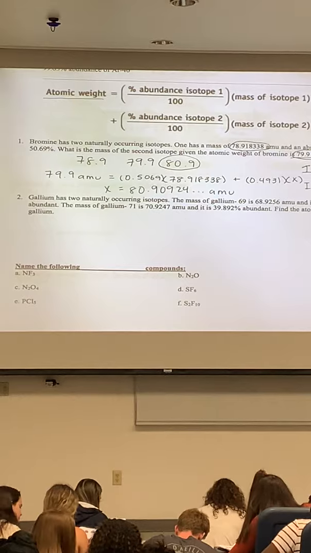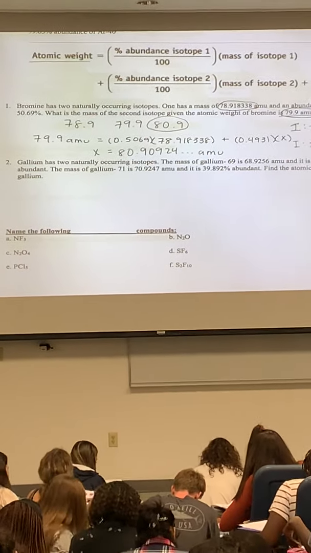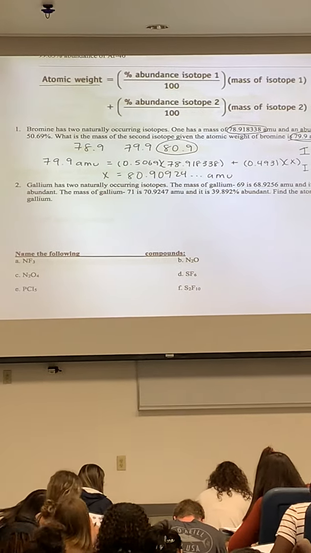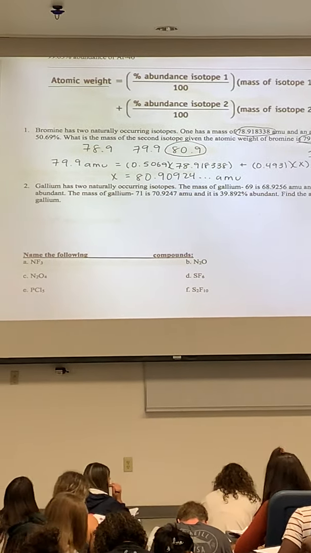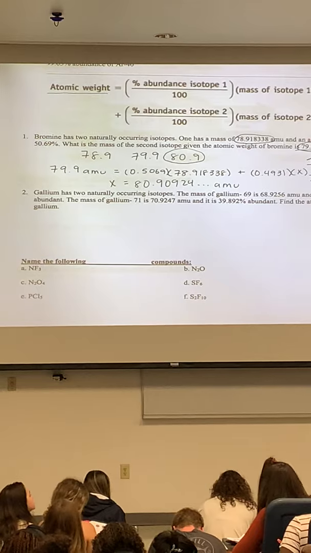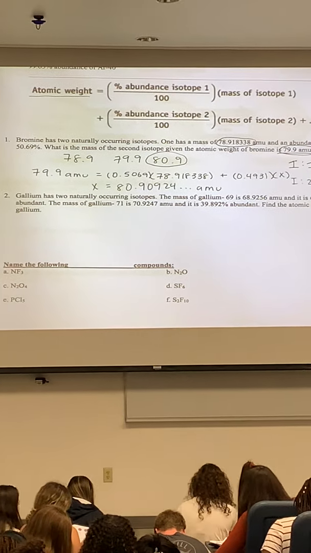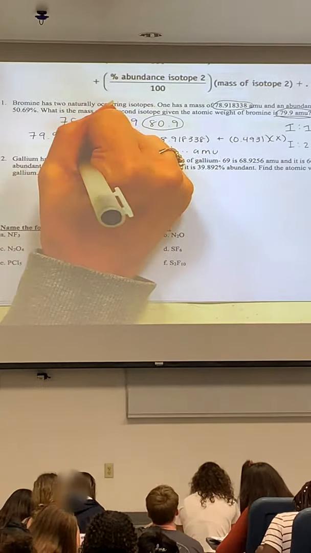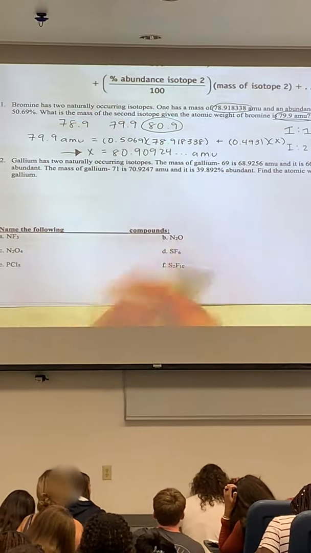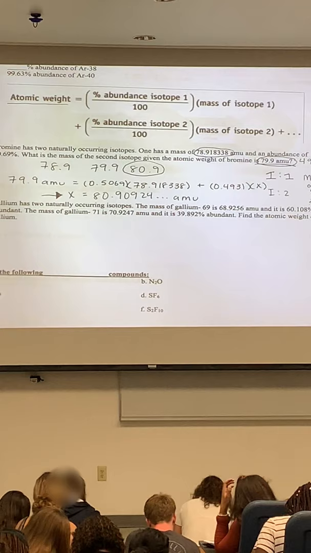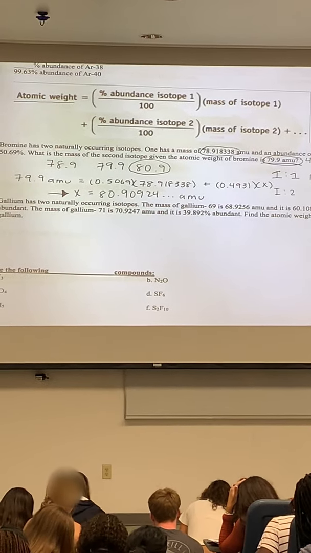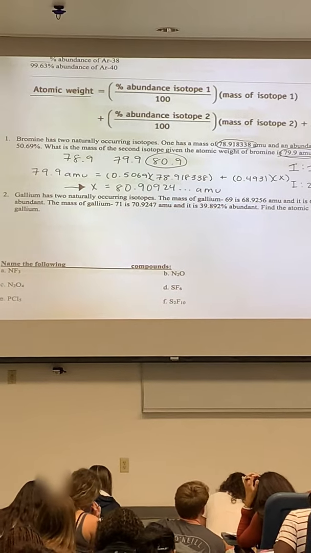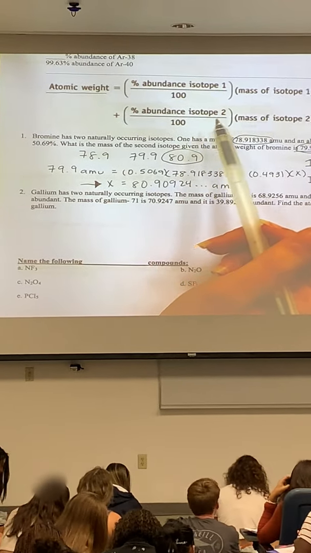So it's exactly what we guessed it to be. They won't always be this nice, but if it's a 50-50 ratio and they gave you the mass of one and the average, you know what the mass of the other one is. And then you plug straight into this equation and solve for x.